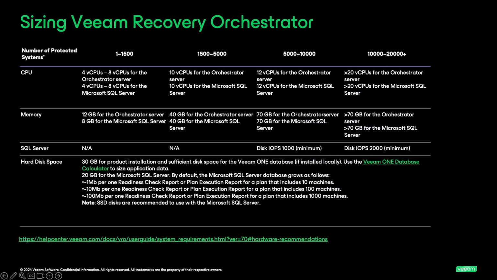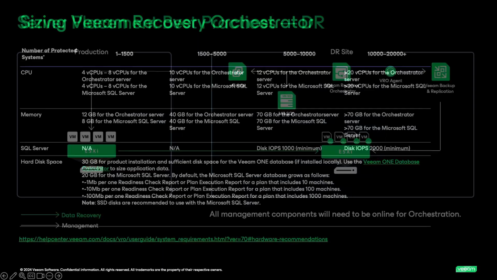Because with Recovery Orchestrator, we install the embedded versions of VBR and Veeam ONE, there will be database usage for all three functions. So within the SQL database, we'll have databases for Recovery Orchestrator, Veeam ONE and VBR, and so the sizing will be using all three.